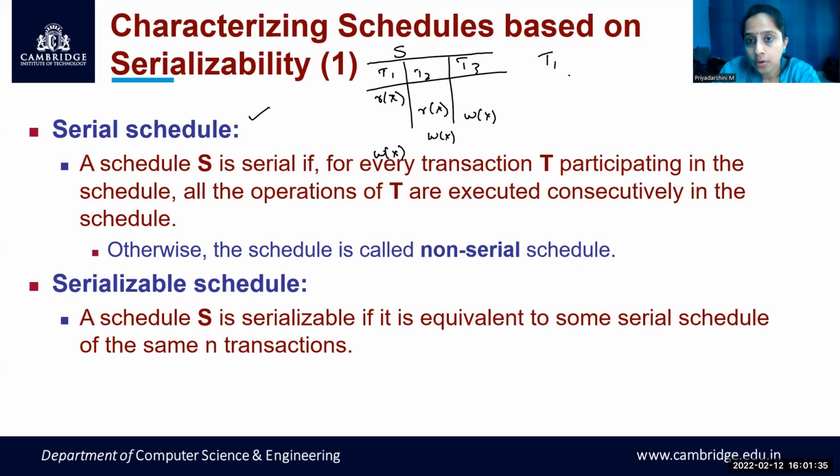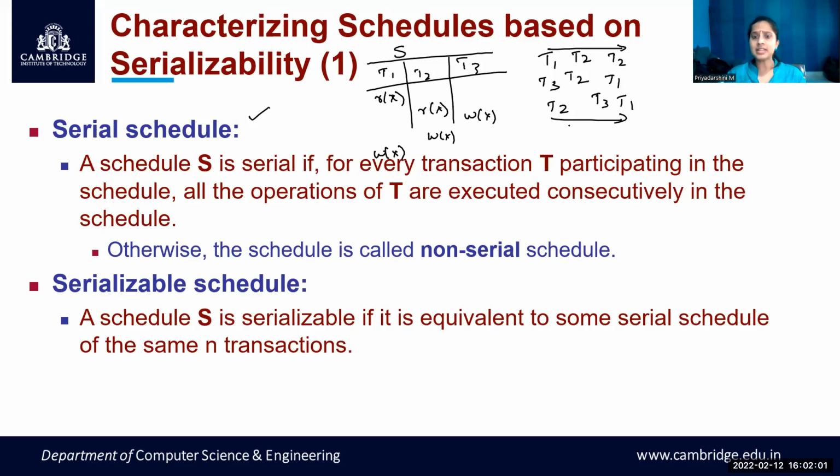T1 followed by T2. The complete operation of T1 should be executed, followed by T2 and T3. This is one order. Or I can say T3, T2, T1, or T2, T3, T1. I have many options. Any order, take the order like this.